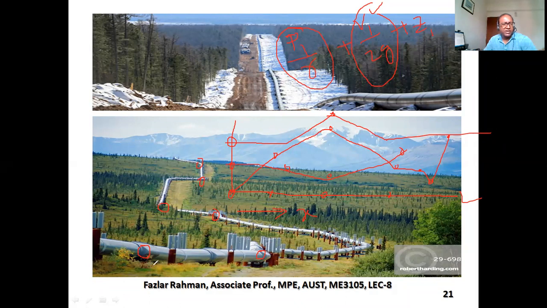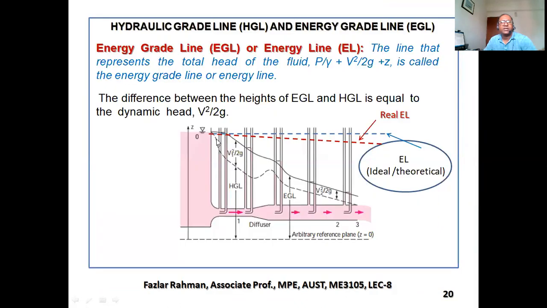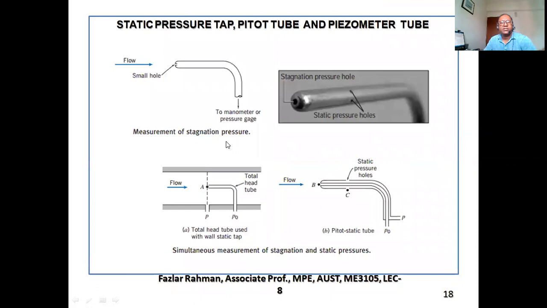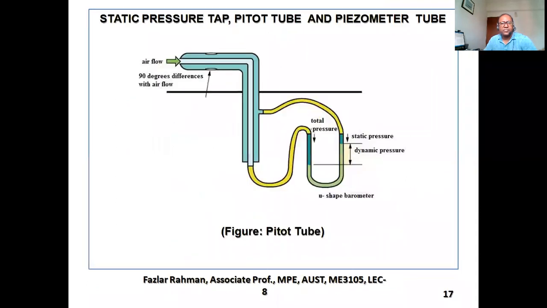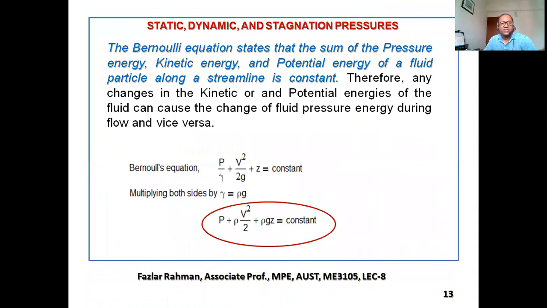So let's see in actual cases what type of lines are used. You see, in Bernoulli's equation, this term is equal to a constant.